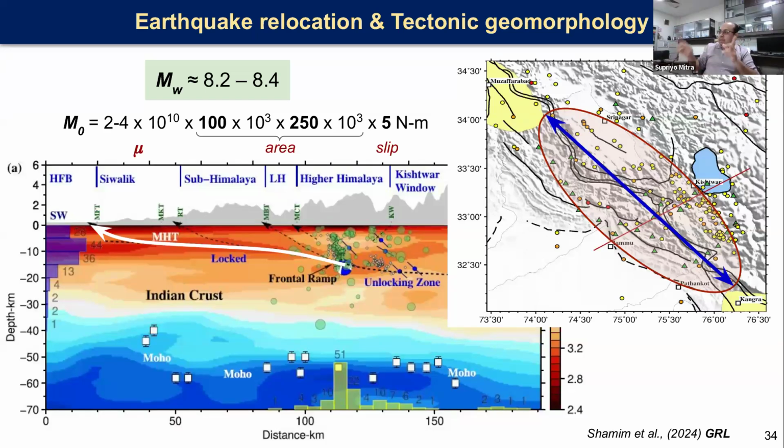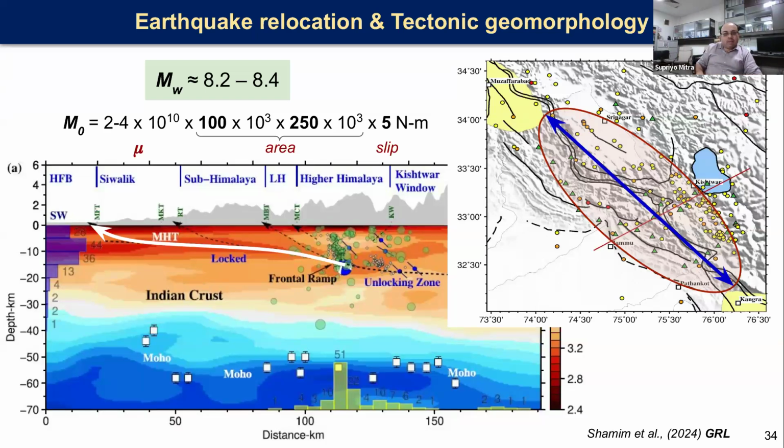That is what we think. But here the assumptions are that you are breaking that entire red oval that you see on the right. So you have a 250 kilometer long, about 100 kilometer wide fault that you are breaking, and you are releasing the entire slip that has accumulated since the last earthquake, which is an estimate made from the GPS arc normal convergence of 11 millimeters per year.